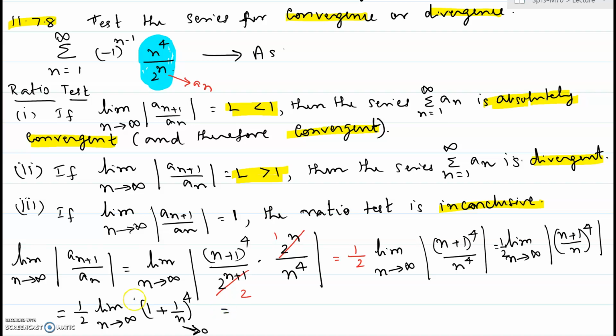So we get 1/2 times, because of the second term getting to be 0, it is just 1 to the power 4, it's 1, that is 1/2. So in the limit, we have this condition that L is less than 1.